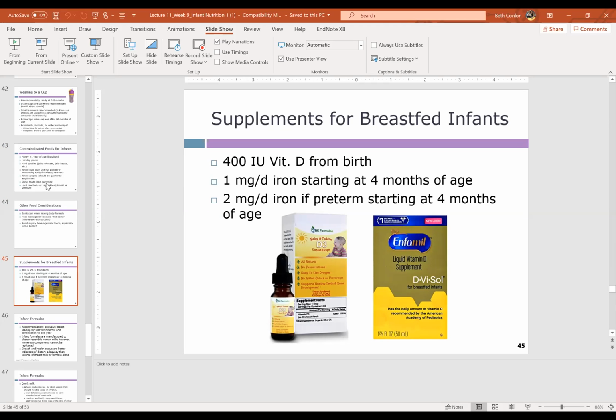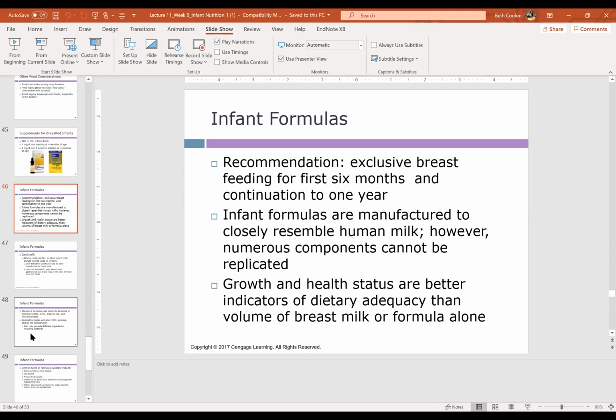Just some supplements for breastfed infants include vitamin D, because breast milk doesn't contain adequate amounts of vitamin D, as well as iron, starting at 4 months of age. And then iron recommendations are higher if a baby is preterm.